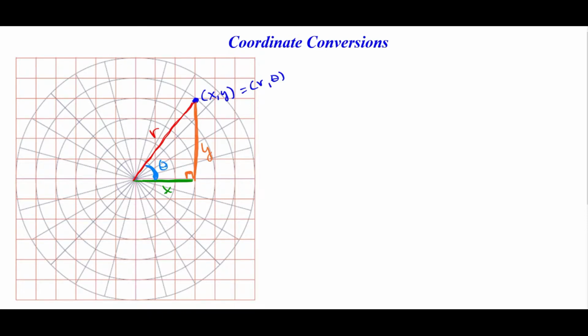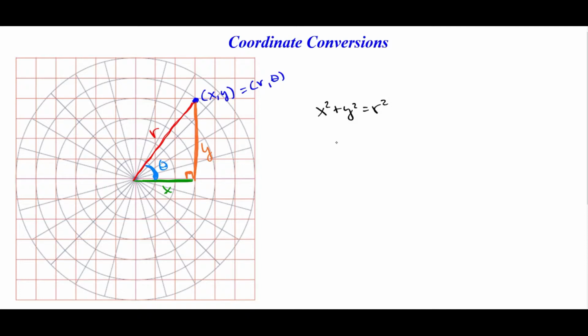Some things that we know from trigonometry are simply that this is a right triangle, so I know x squared plus y squared equals r squared. If I have my x and y coordinates from the rectangular plane, then I can find my r value by using this equation.